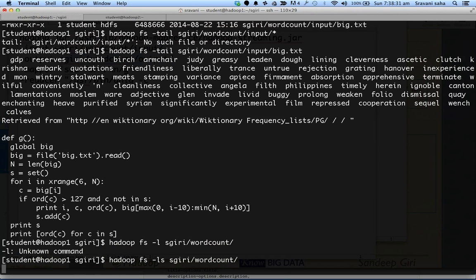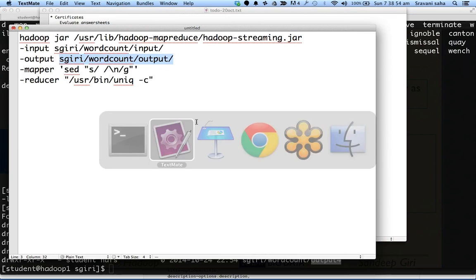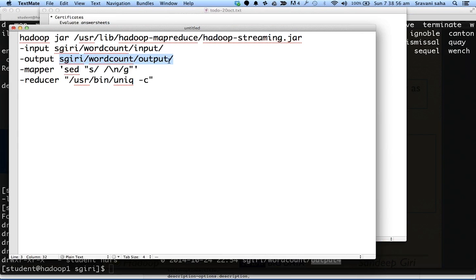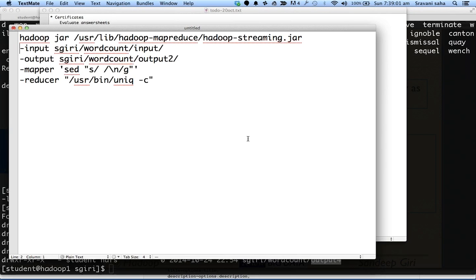You can also check it from the browser at hadoop1.nobigdata.com, where you type in your login and password, which is given in the manual on the first session's course page. Here output 1, output 3, and output 4 exist, so we can either delete all of those or write to output 2, because output 2 does not exist over here.